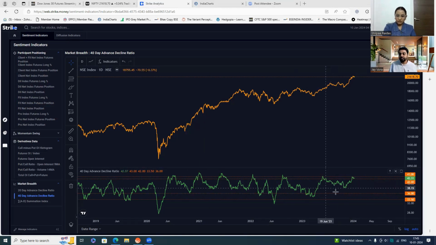If there is a break below the 20-day average, then all these readings which are showing us that we are either a bit overheated or at elevated levels might eventually cool off, and that may lead to the correction in the days to come. Wonderful. So we need to be careful, we need to be watchful, and the sentiment data on Strike is certainly talking volumes with us. We need to just understand how to read it properly.